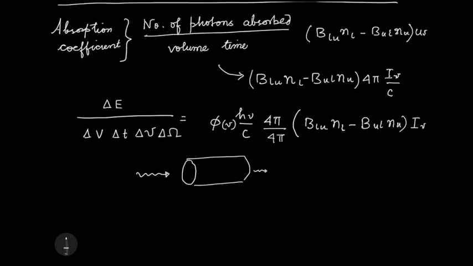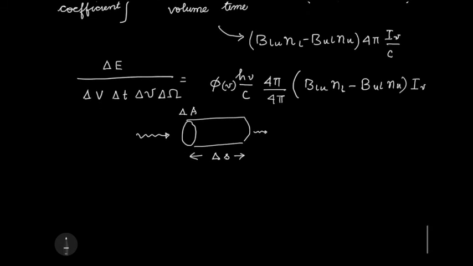Now all this is happening as the radiation is passing through this cylinder. The absorption is taking place, right? So there's more radiation here, less radiation here because of absorption. Also remember that when I say absorption, I include stimulated emission in it. So this is all that's happening with the radiation, and it is assisted by the radiation. This travels a distance delta s, and this has the cross section delta A. So on the left hand side, I have a volume.